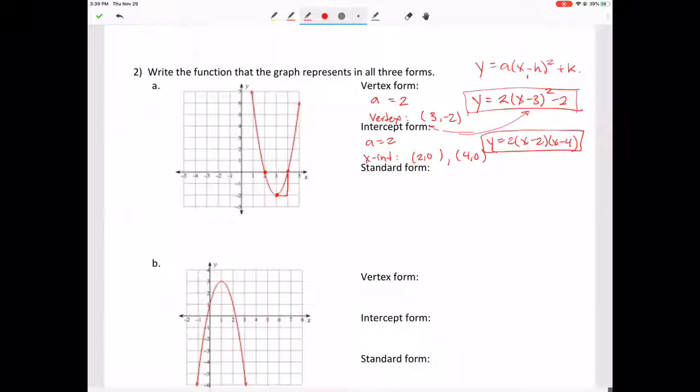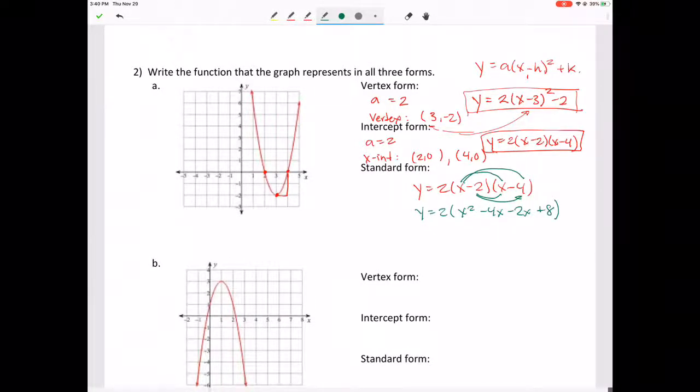So here I will do that right here. Y equals 2 times x minus 2 times x minus 4, and distribute. We do an F for FOIL. That gives us x squared. And then O is negative 4x, minus 2x and positive 8.